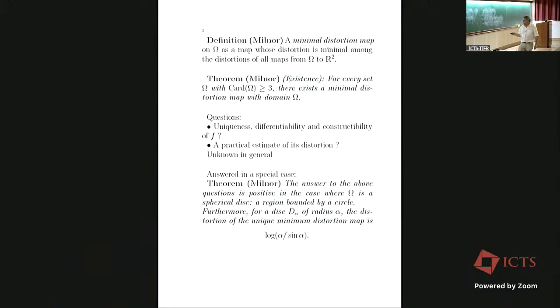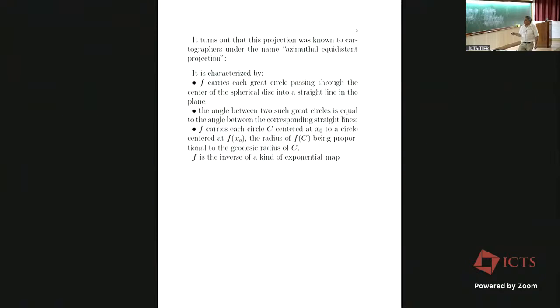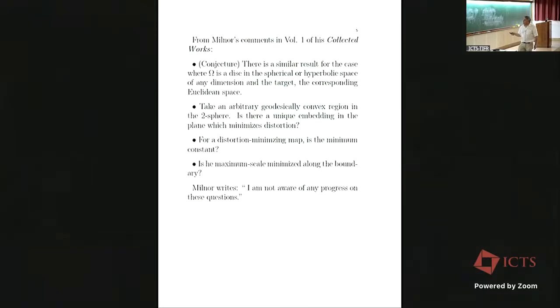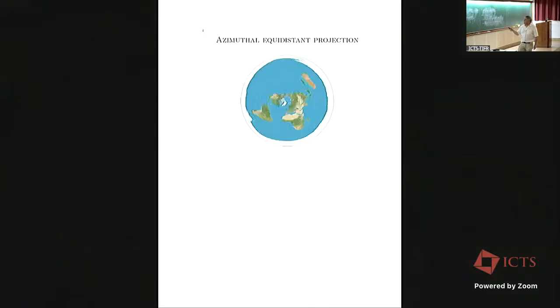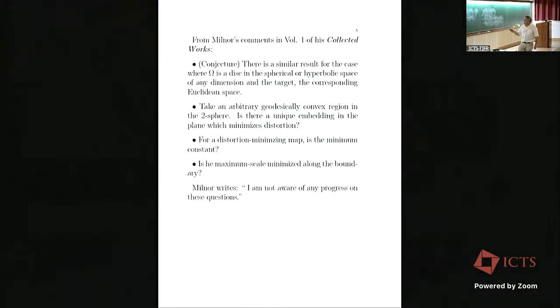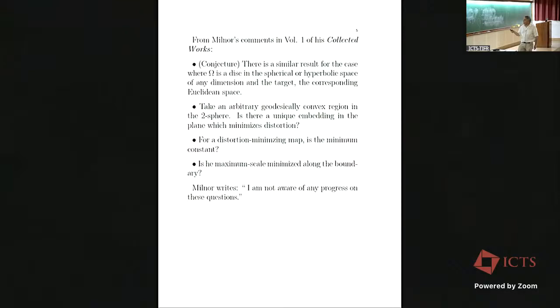But in volume 1 of his collected works, which are recent, Milnor comments on his 1959 paper, and he says that all these problems are still open problems. And he has some conjectures.